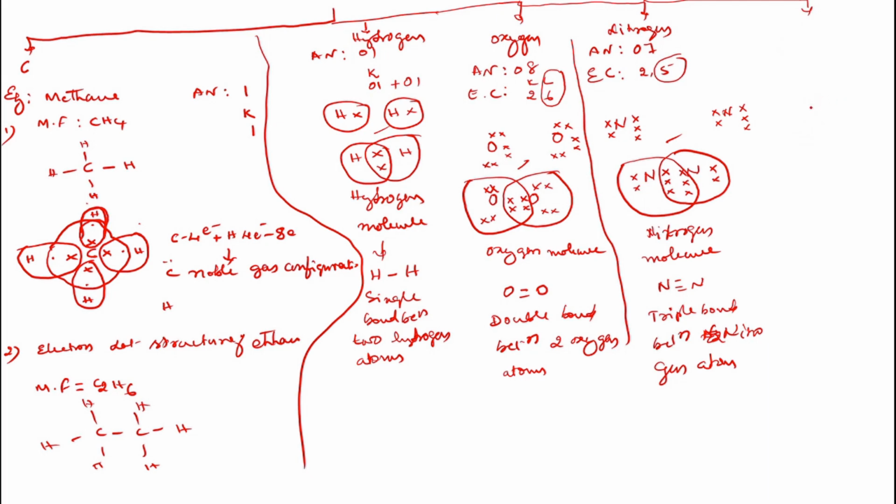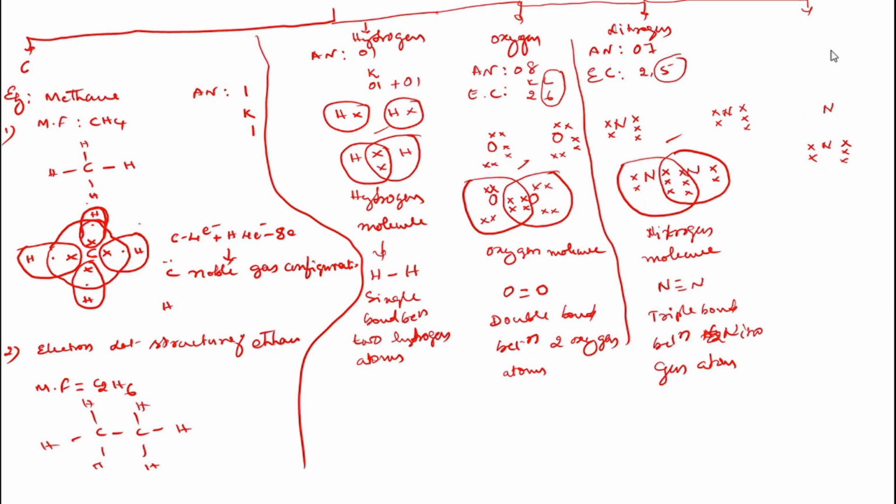So nitrogen, just as we have discussed, has 5 outermost electrons, correct? So that means nitrogen has 3 electrons here and 2 electrons here.